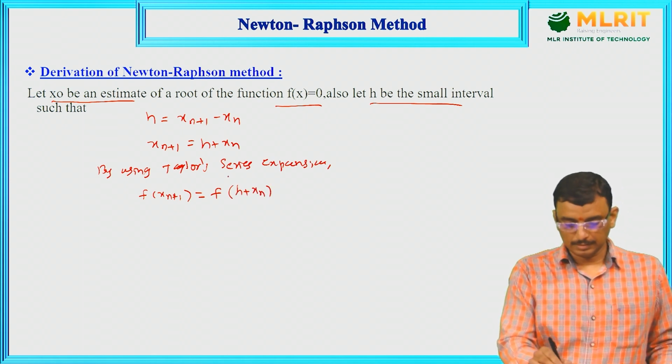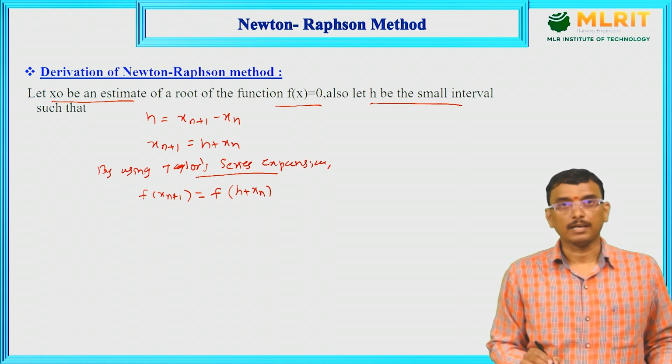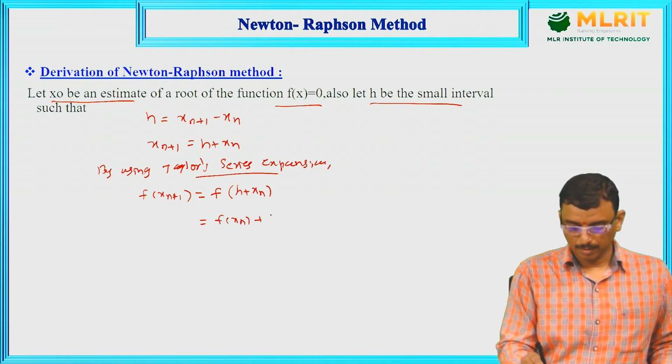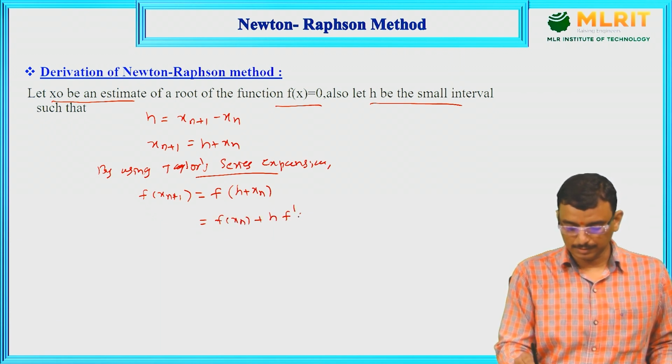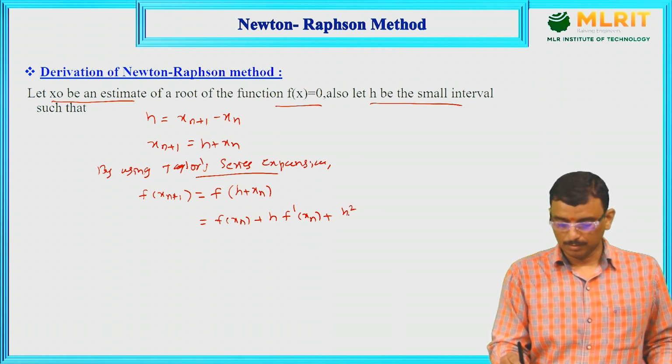By using Taylor series expansion, we can expand this f(h plus xn) as f(xn) plus h times f dash of xn plus h square by 2 factorial times f double dash of xn and so on.